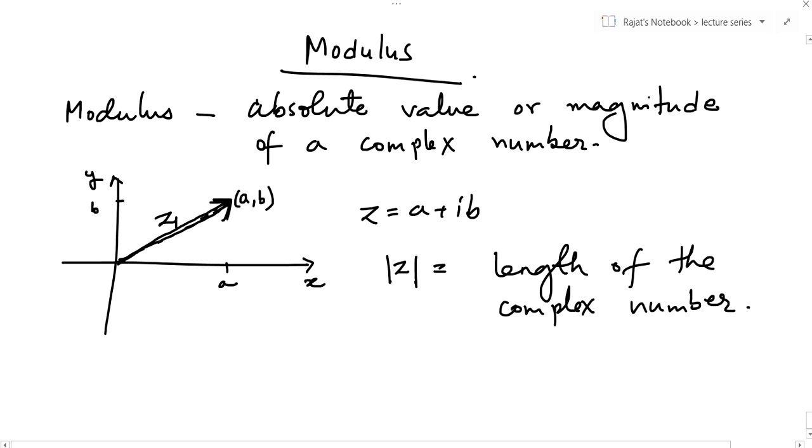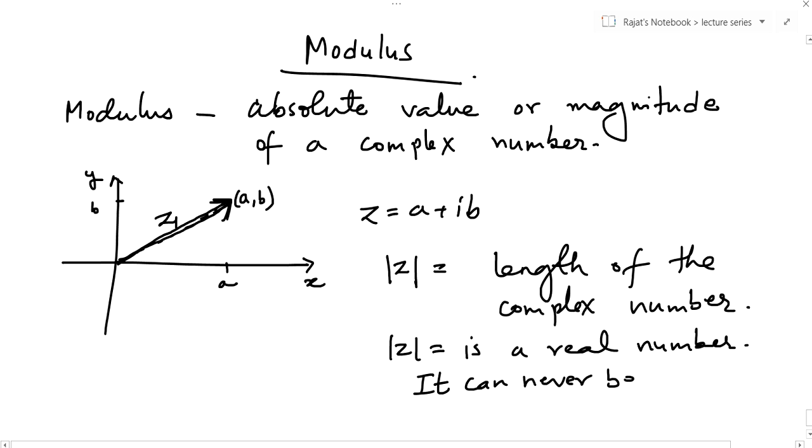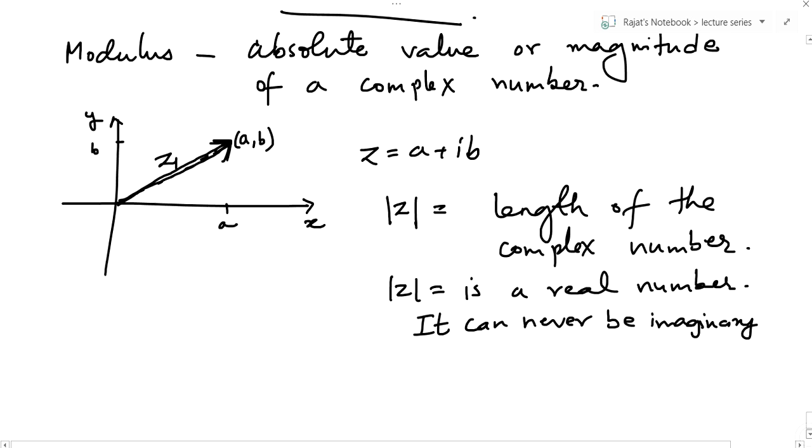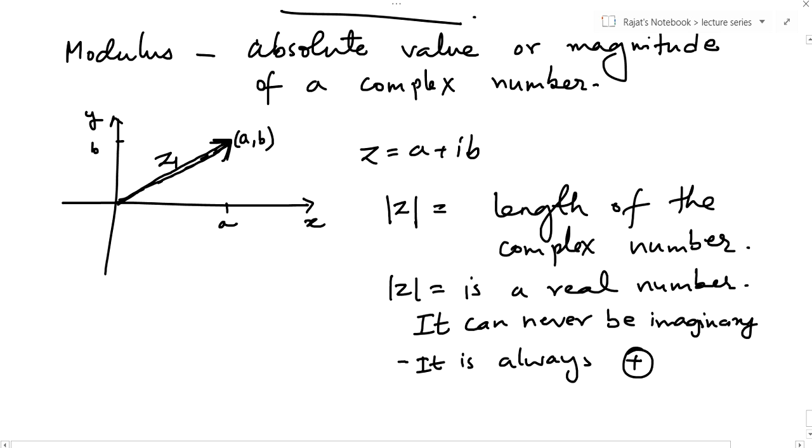Since this is a length, mod z is a real number. It can never be imaginary. Length is always a real number, and it is also positive.